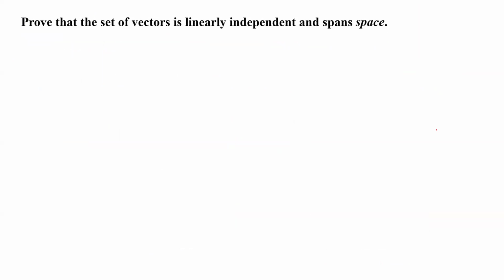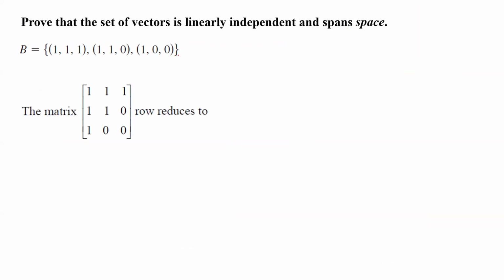Prove that the set of vectors is linearly independent. So take a look. You have (1, 1, 1), (1, 1, 0), and (1, 0, 0). What are we going to do? We're going to form the matrix, right? Now this is what you're going to see using the matrices. The matrix in row reduced form can be written as the identity matrix.